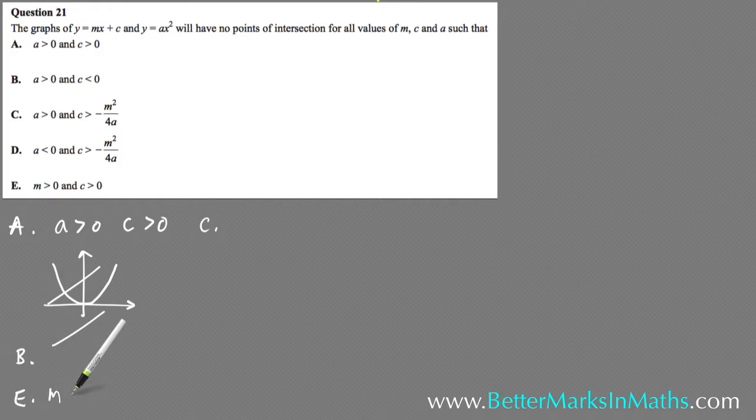And E, m is greater than 0 and c is greater than 0. So in this case, the gradient is positive and the y-intercept is positive. So that would mean you would have something like, the gradient is positive, so it could be going anywhere but not horizontal, and c must be greater than 0, so it could be doing that.